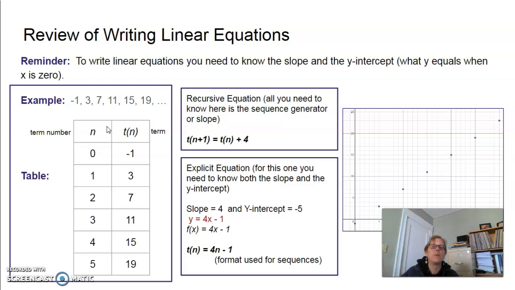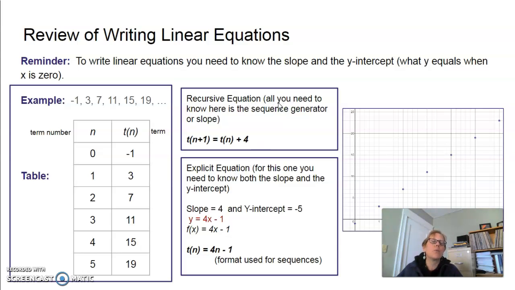You could also think about this as a function, right? Basically, this is n, this is t of n. So the function, what do you do to n to get t of n? That's the same as function notation. What I'd like you to pay attention to here is what the difference is between a recursive equation and an explicit equation.